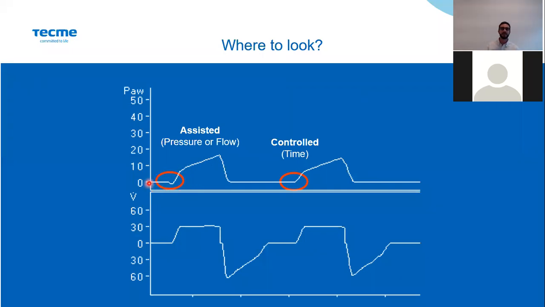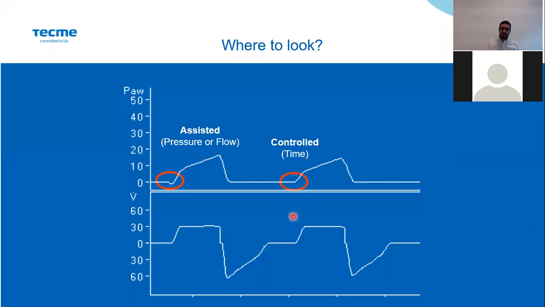If you can notice, this is the baseline, and because we are in an assist ventilatory mode, we can see that the baseline goes down here. This depression is the patient inspiratory effort. So here is where you can see that the patient is triggering an inspiration.